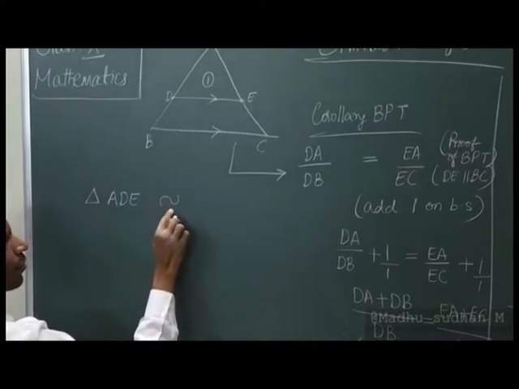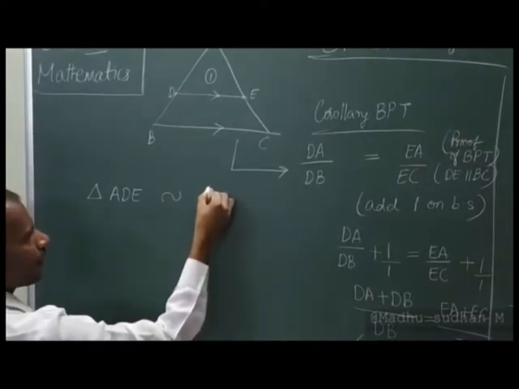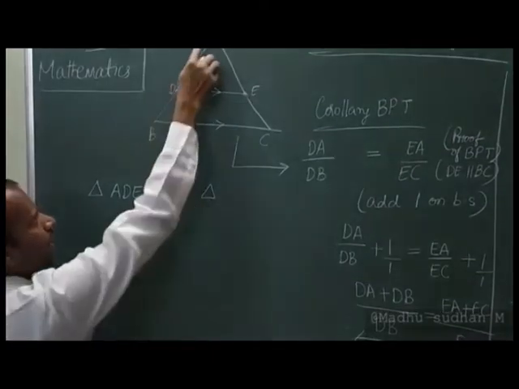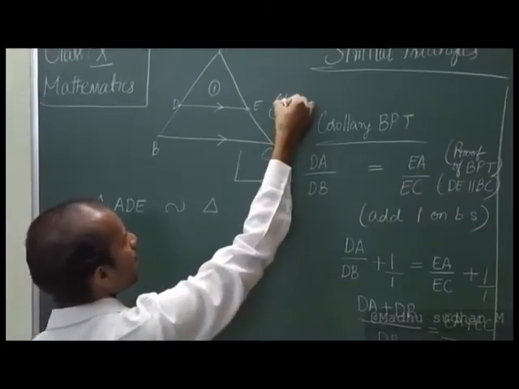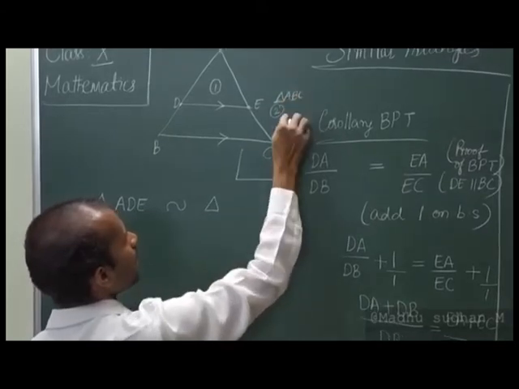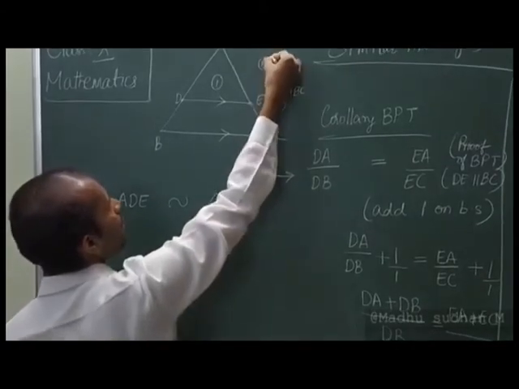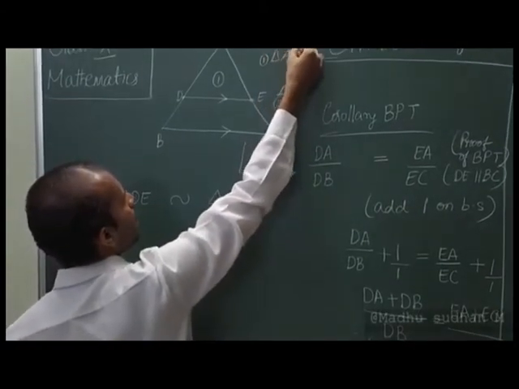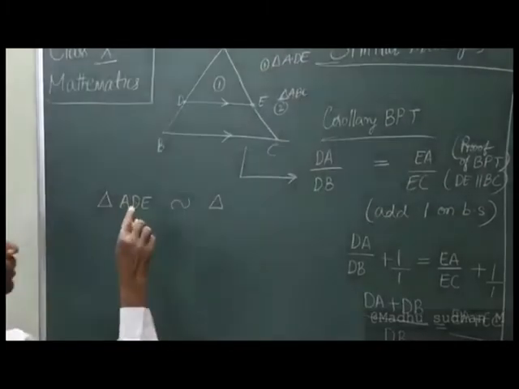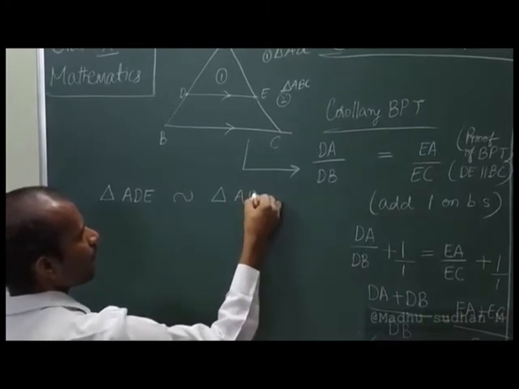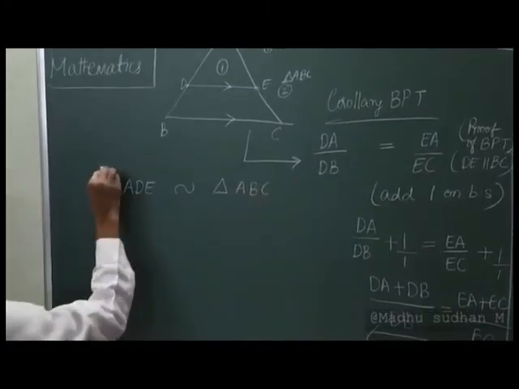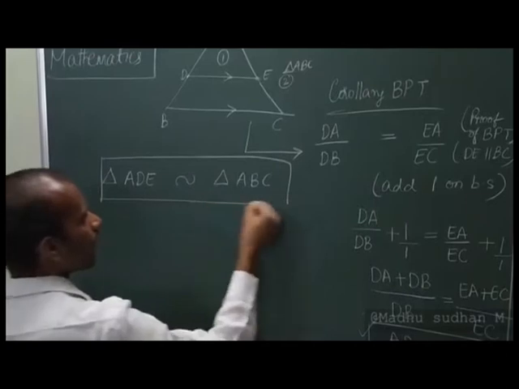This is the symbol for similar, similar to triangle. Can we find the one bigger triangle here? So the bigger triangle ABC, right? This is triangle ABC, the bigger triangle. The first triangle is which one? Triangle ADE. So this is similar to triangle ABC. So these are our similar triangles, right?